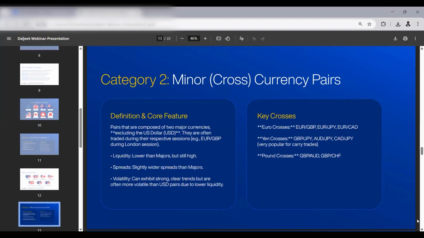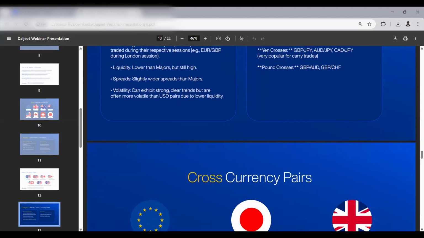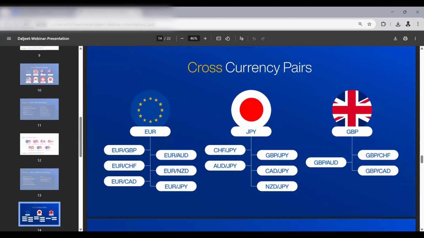All the major currency pairs without USD are called minor or cross currency pairs. We'll see in the next slide what those pairs are. So let us dive deeper into cross currency pairs. In major currency pairs, there is always a combination of USD. In a cross currency pair, there will be all major currencies, but without USD.